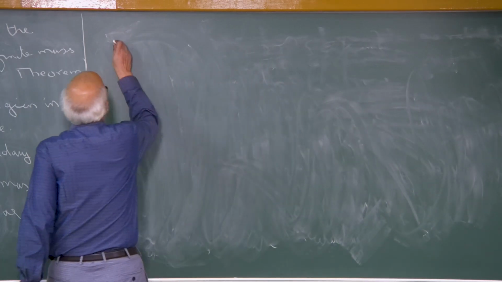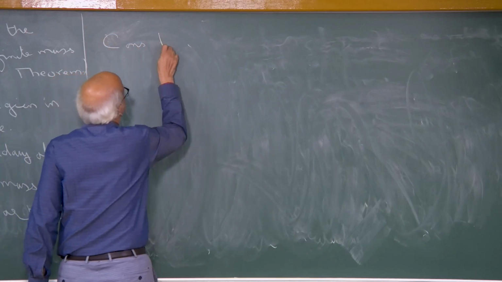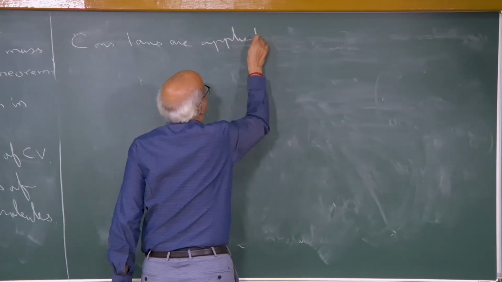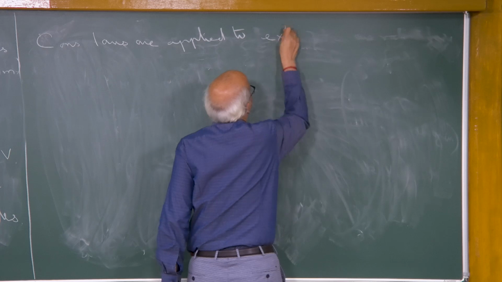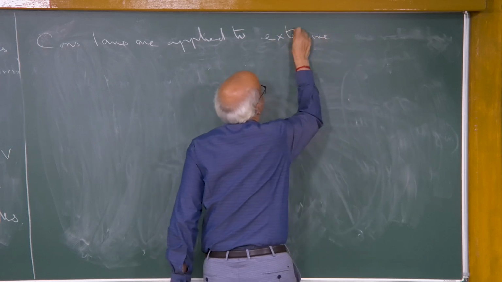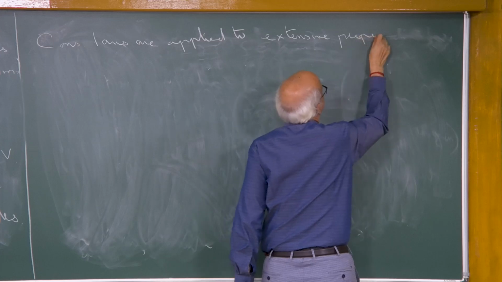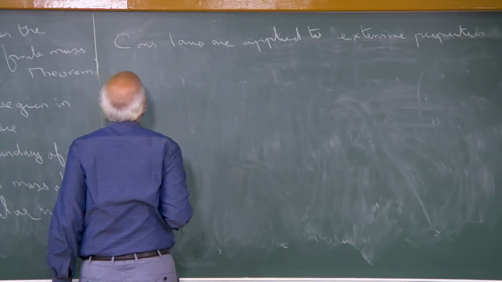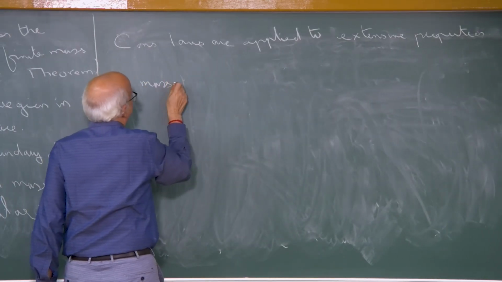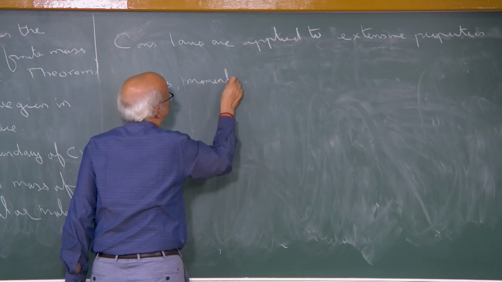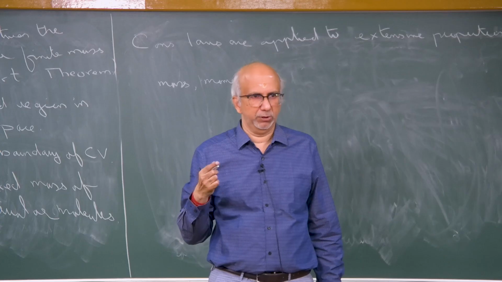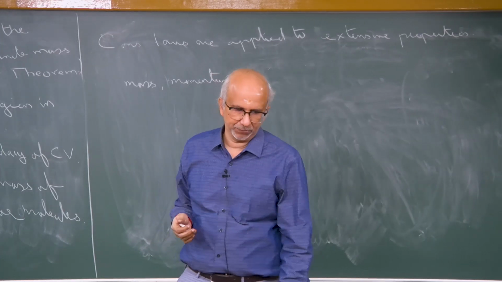So, conservation laws are applied to extensive properties. So, for example, mass, momentum. Momentum is what? Mass into velocity. So, if the mass is more, momentum will be more. So, it depends upon mass, that is what I mean by extensive, okay.